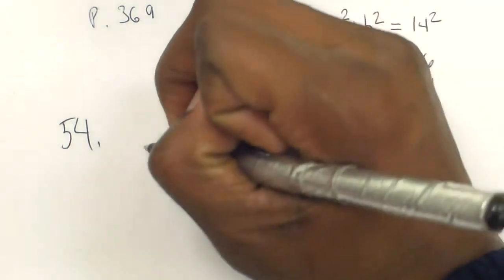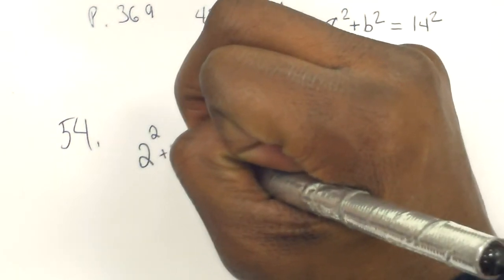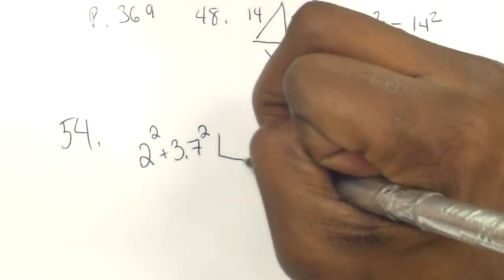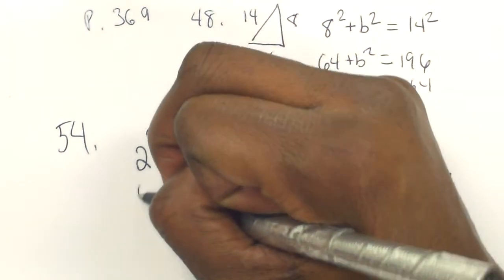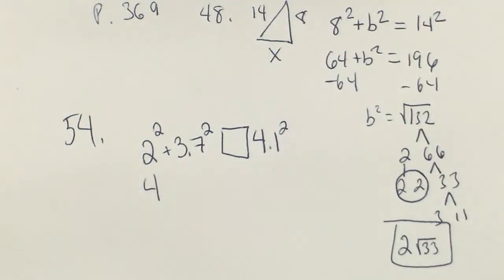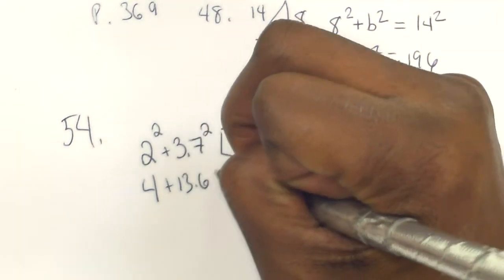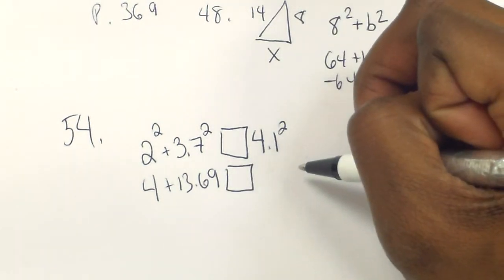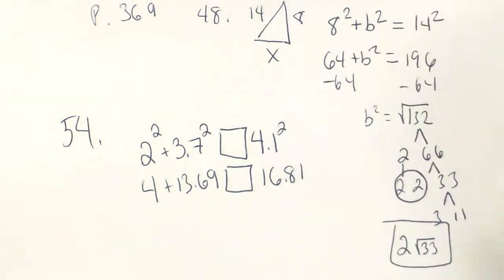So if we look at this problem, we have sides of 2 squared plus 3.7 squared, and I'm going to leave this blank and put 4.1 squared. When we did 2 squared, we have 4. If you square 3.7, you get 13.69. We don't know if it's equal, greater, or less. But we have 4.1 squared, and that is going to be 16.81.